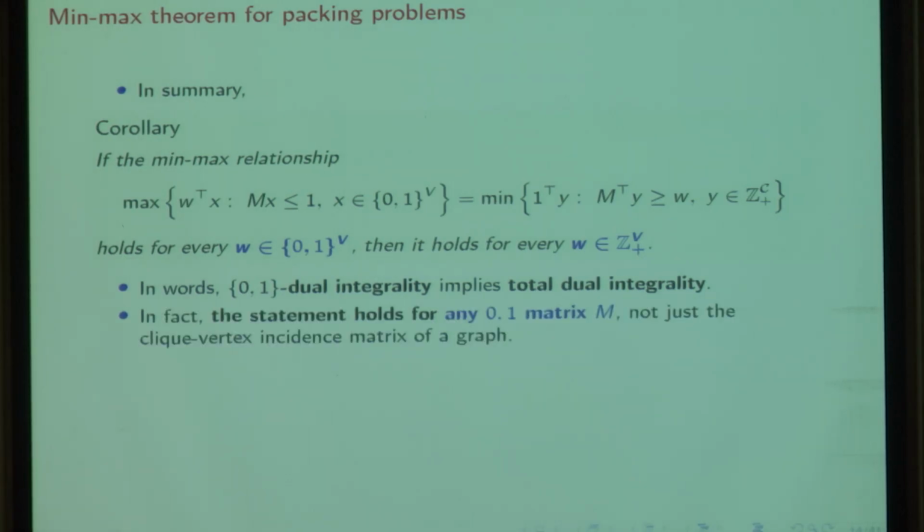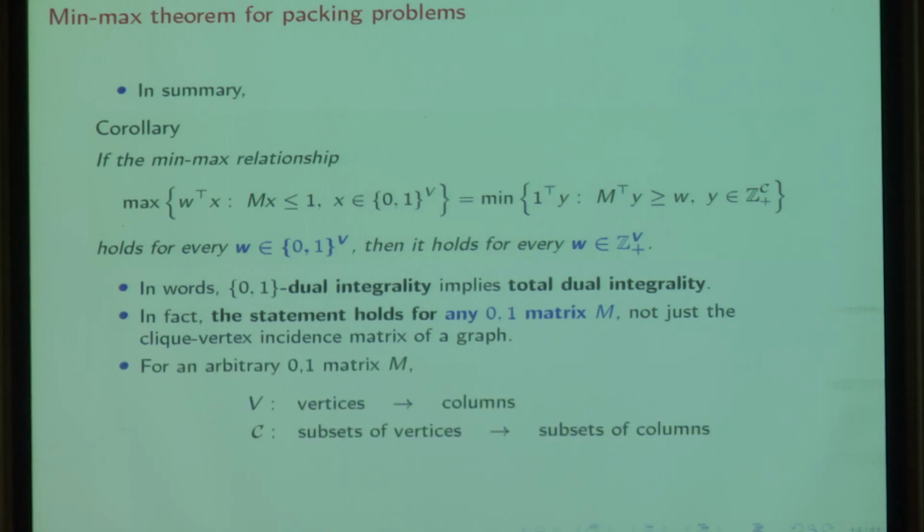And in fact, this is not just for graphs. You can take any 0, 1 matrix M, and this statement is true. And for any arbitrary 0, 1 matrix M, you can generalize the concepts to columns and subsets of columns and so forth.